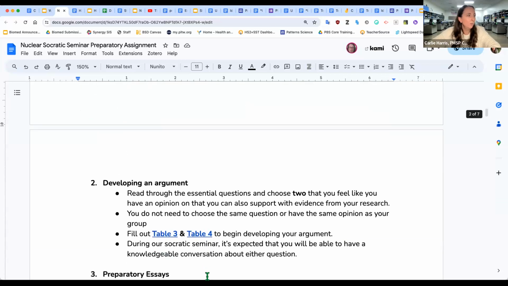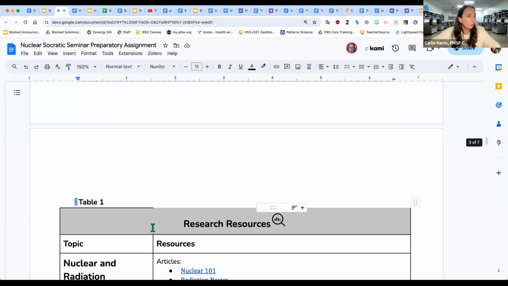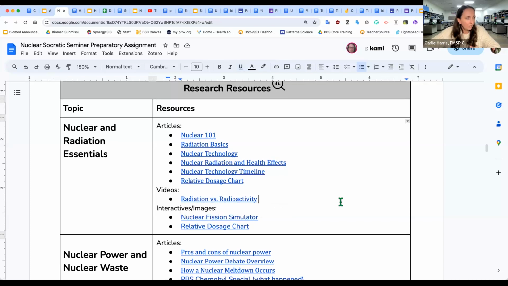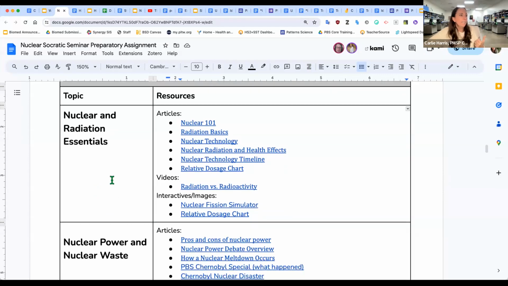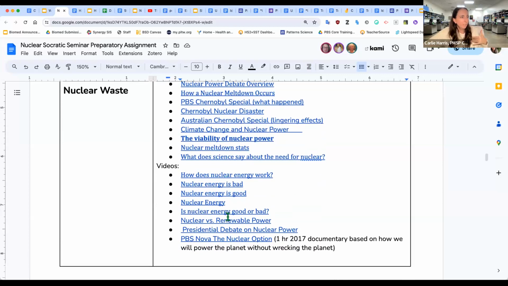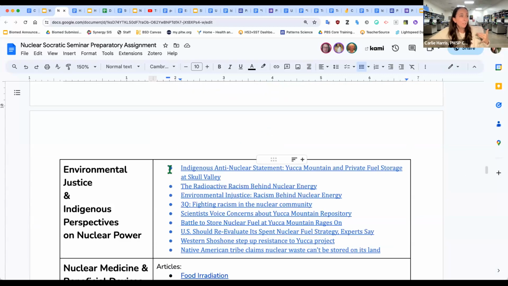So if you scroll down to these different tables, there's tons of links here. This is something that I'm always trying to check for updates. We're finding different things, but there are different topics: nuclear radiation and the essentials of radiation, nuclear power, nuclear waste, tons of articles, tons of videos, environmental justice and indigenous perspectives.